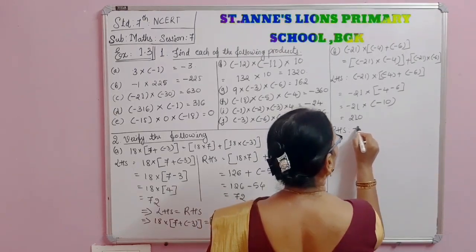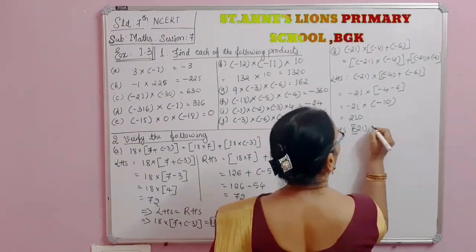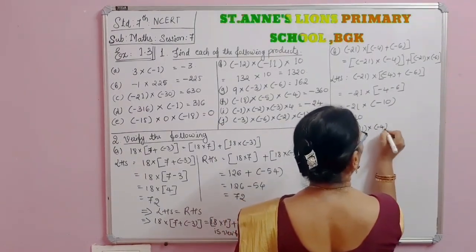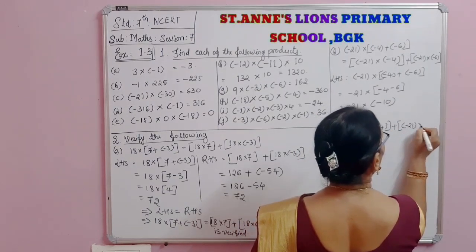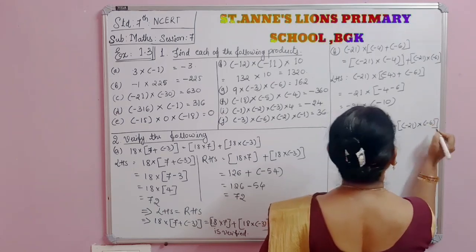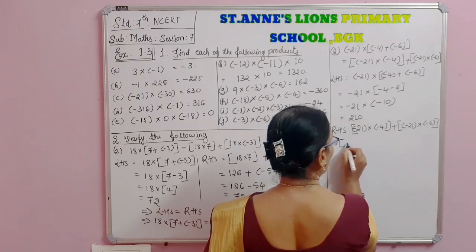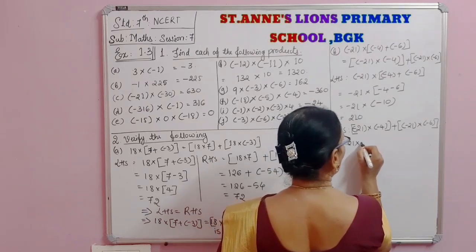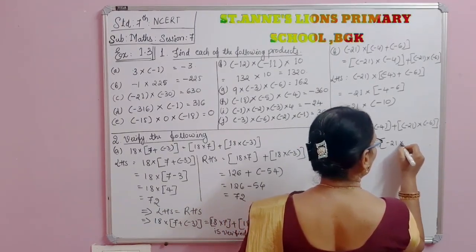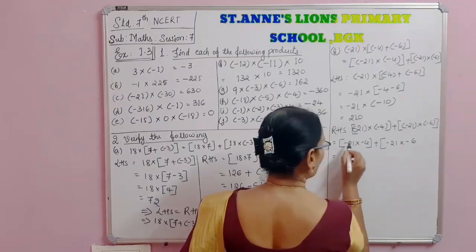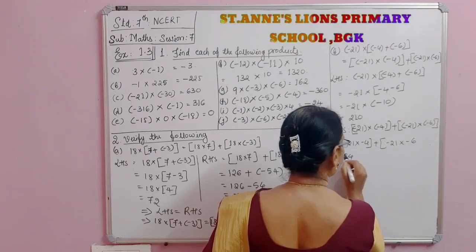What is the RHS? Minus 21 into minus 4 plus minus 21 into minus 6. Okay. Now first we remove this bracket. Now minus into minus is plus, 21 fours: 4 ones are 4, 4 twos are 8, so 84.